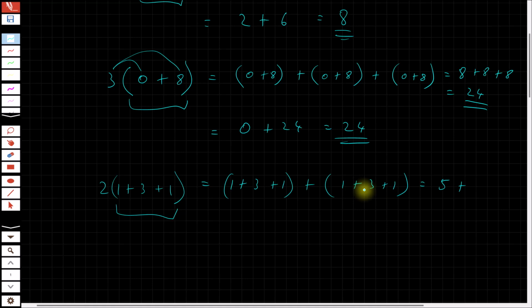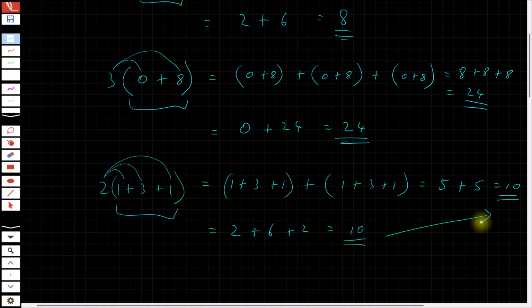Plus 5 again, equals 10. But if we were to apply the distributive property, it'd be 2 times 1, 2 times 3, and 2 times 1. So 2 times 1 is 2, 2 times 3 is a positive 6, 2 times a positive 1 is a positive 2, which equals 2 plus 6 is 8, plus 2 is 10. And we get exactly the same answer.